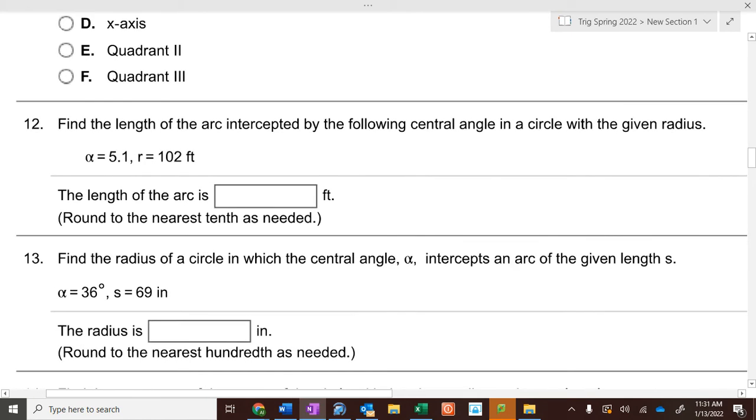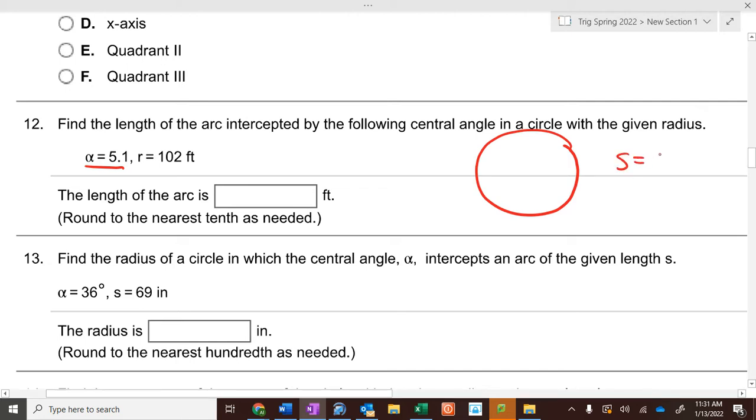Find the length of the intercepted arc followed by the following central angle of the circle with a given radius. Okay. Now, our angle is 5.1. Is that in degrees? No, that's radians. So if they give it to us in radians, we have to use the trig formula for arc length. What is the trig formula for arc length?